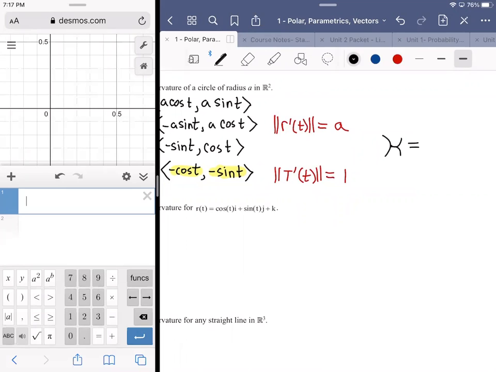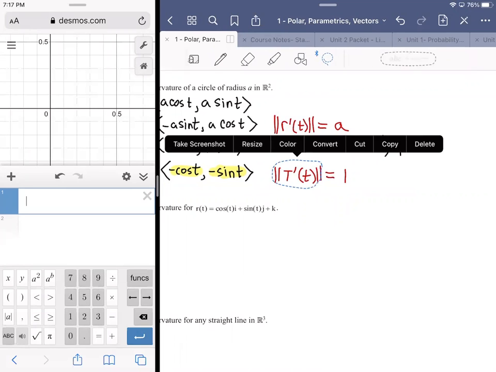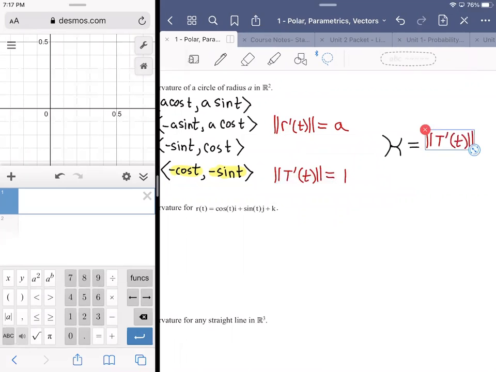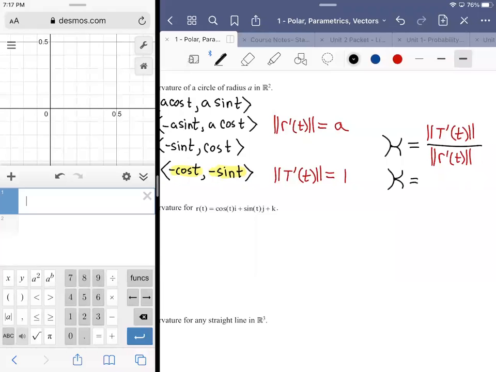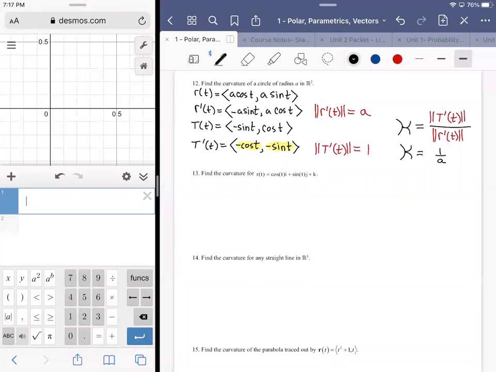So we're taking this guy, dividing it by this guy, in which case you get kappa equal to 1 over a. So the reciprocal of the radius of a circle is the curvature of that circle, the bendiness number. It's an inverse relationship.